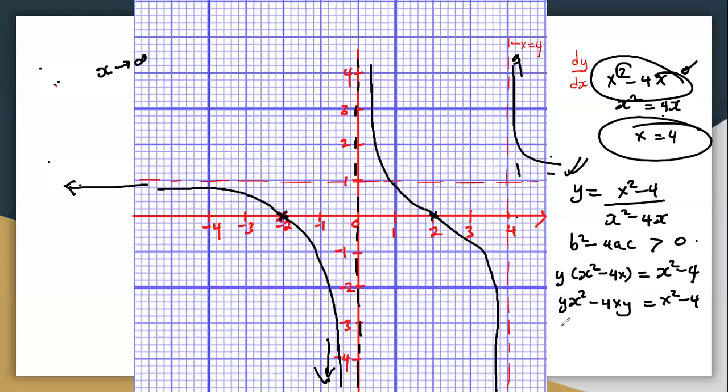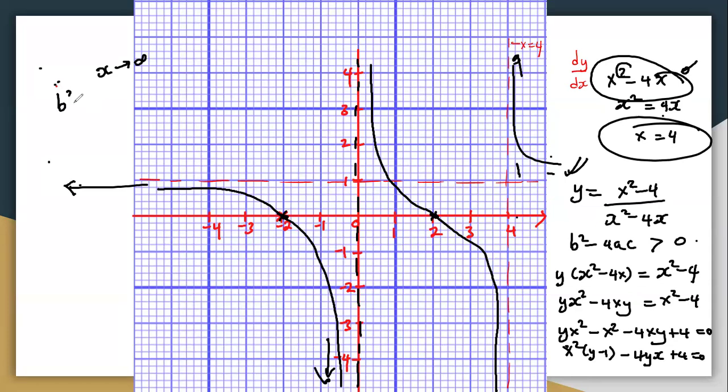Bringing the x squared across, I have yx squared minus x squared minus 4xy plus 4 is equal to 0. So we shall have x squared into (y minus 1), minus 4y x, plus 4 is equal to 0.